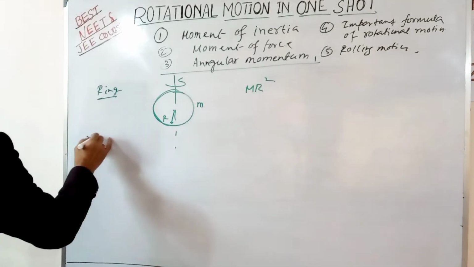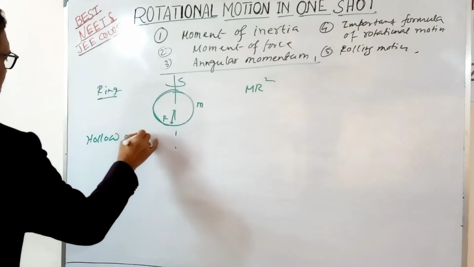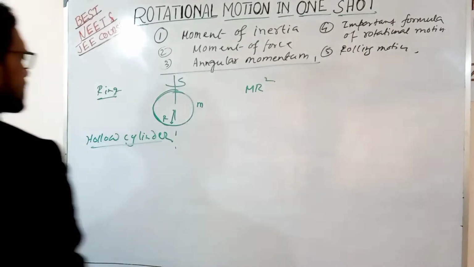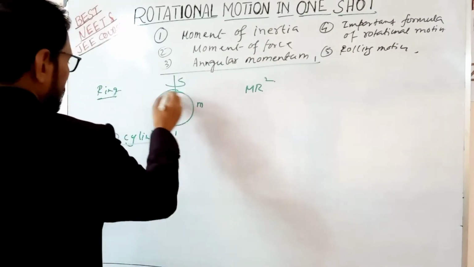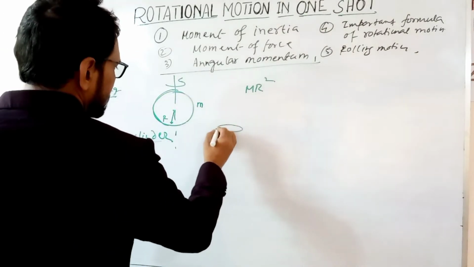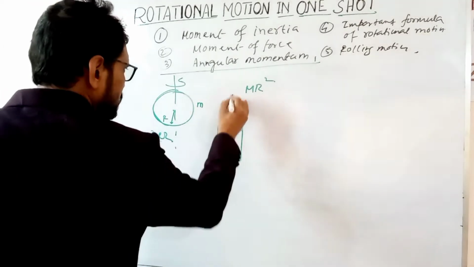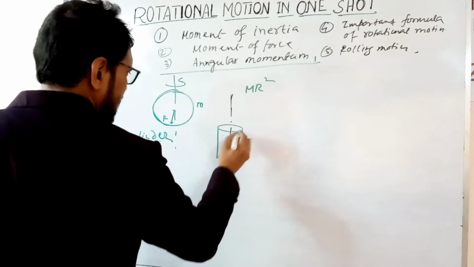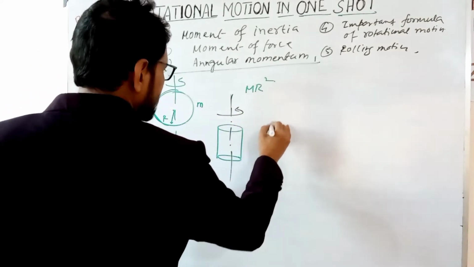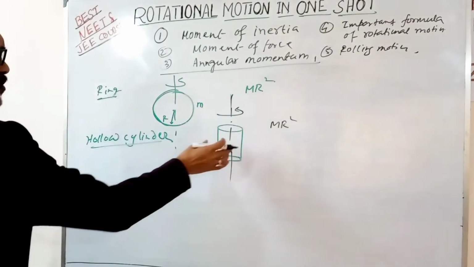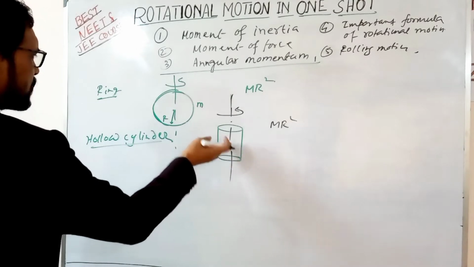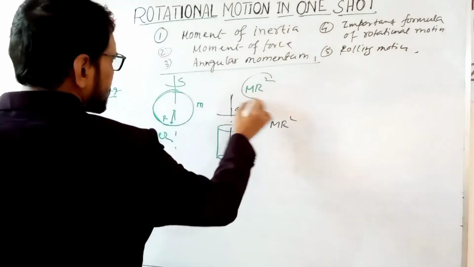The hollow cylinder. A hollow cylinder is a summation of rings. This is a hollow cylinder, and the axis is this. So here the moment of inertia is m r square, because the moment of inertia of a ring is m r square.